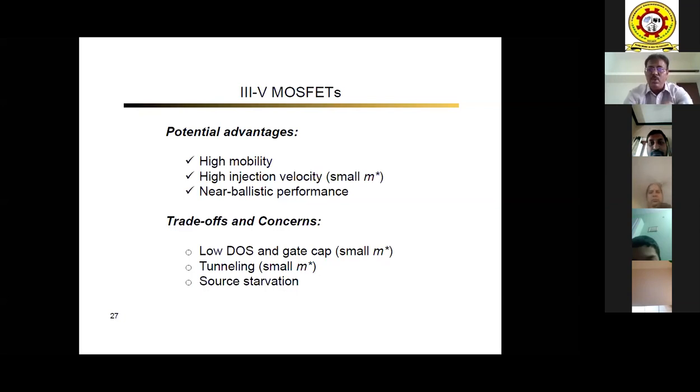Before your carrier reaches the drain, how many times it collides with the surface determines the amount of mobility degradation.